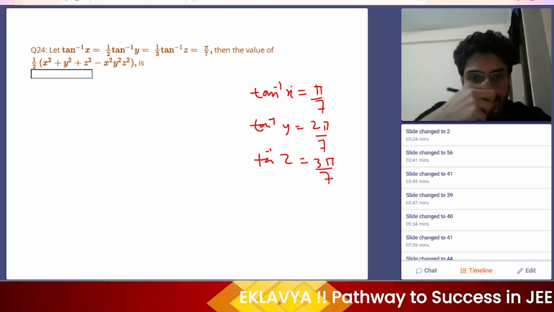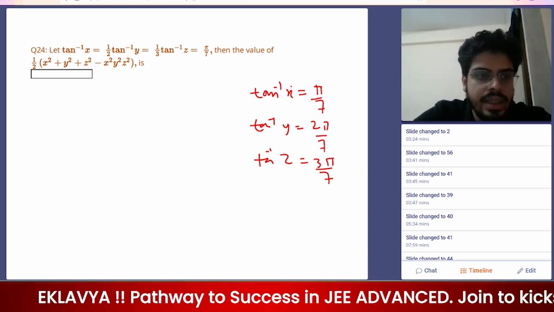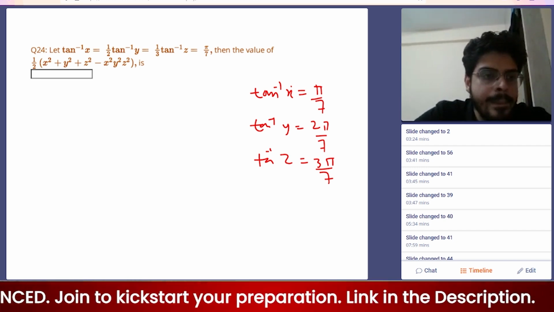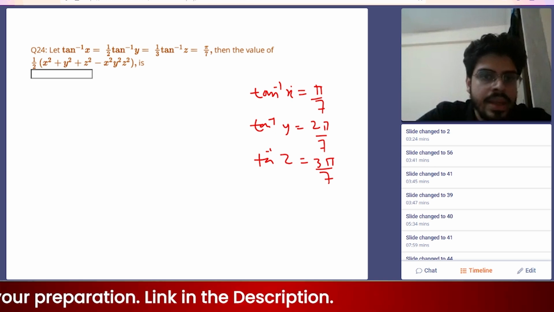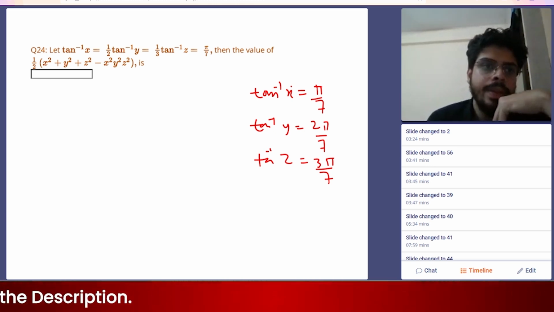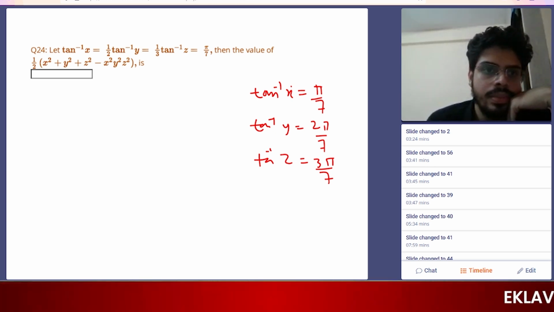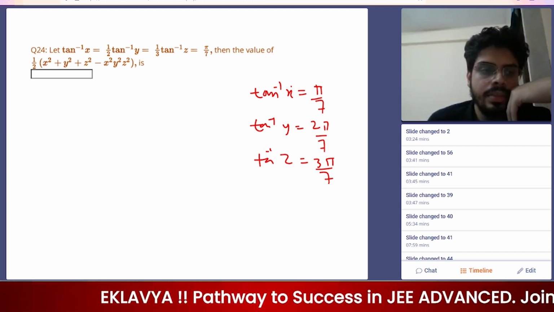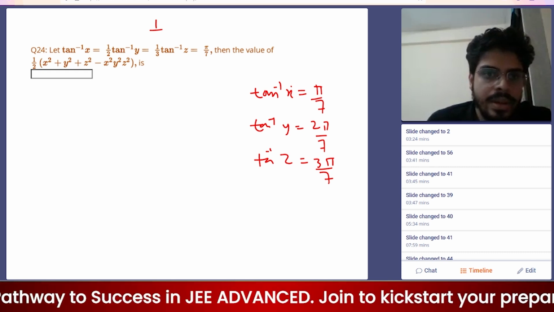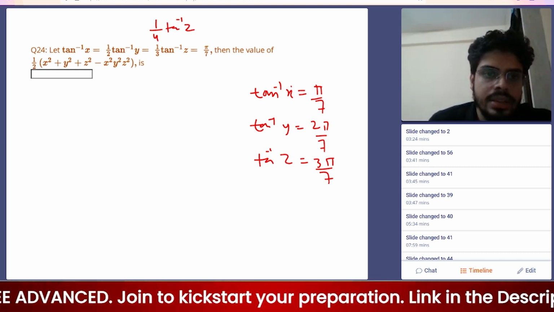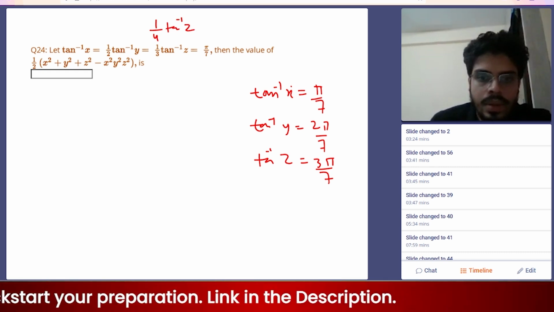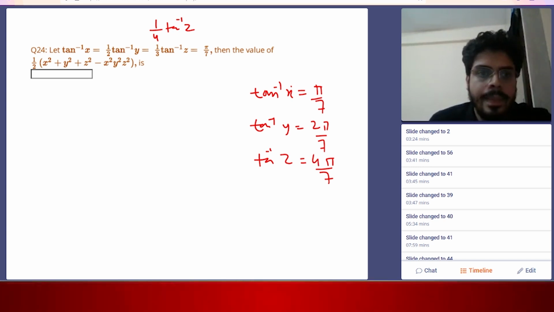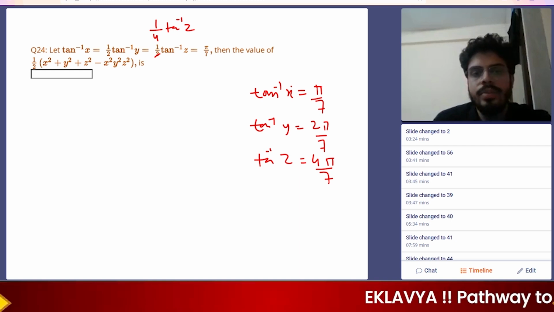So these are basically angles. Here, I think in the question it should not be 1 by 3, it should be 1 by 4 tan inverse z. So here it will come 4 pi by 7, not 3 but 4.